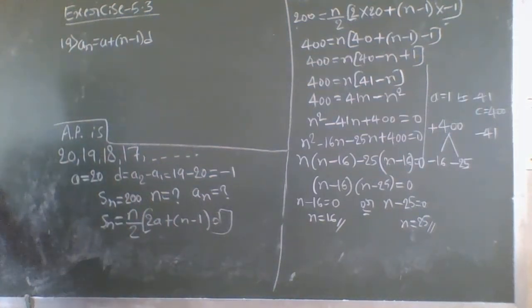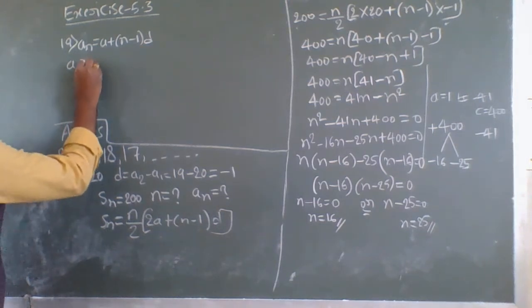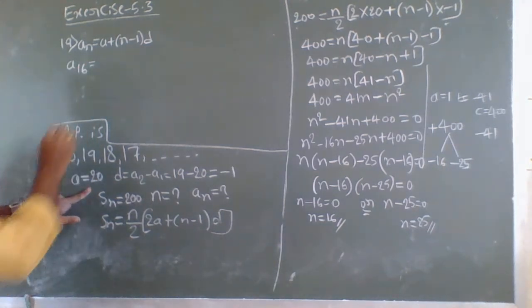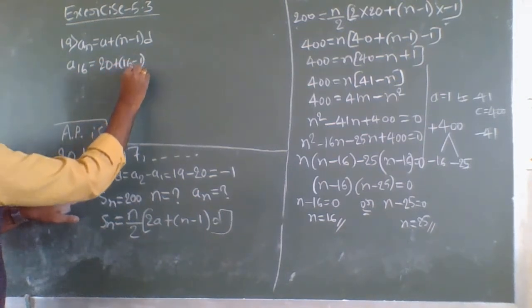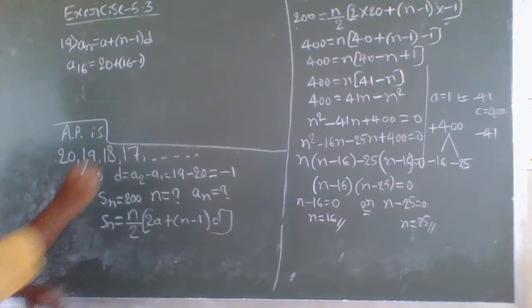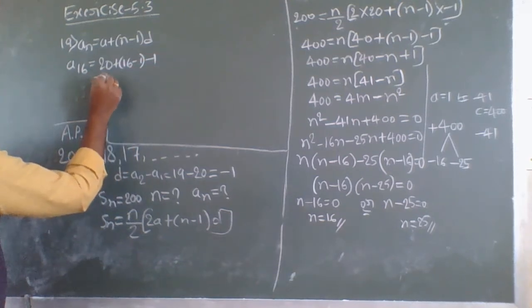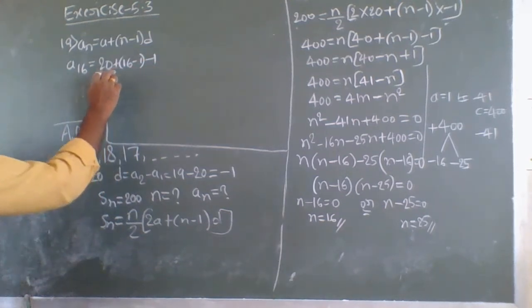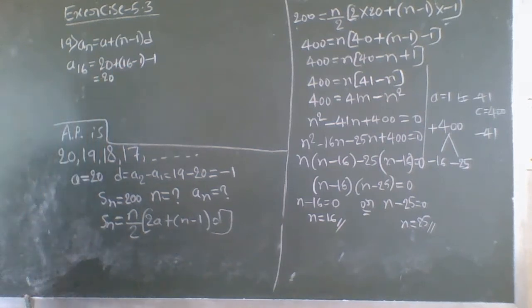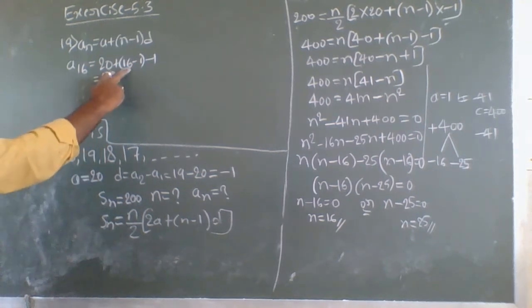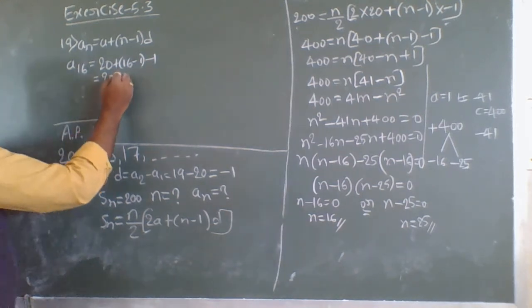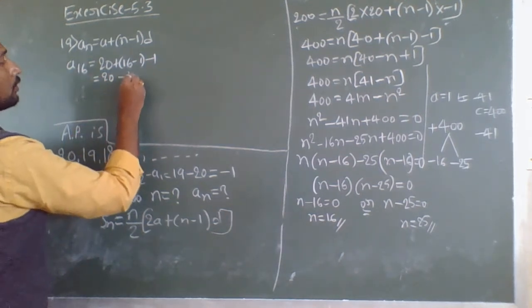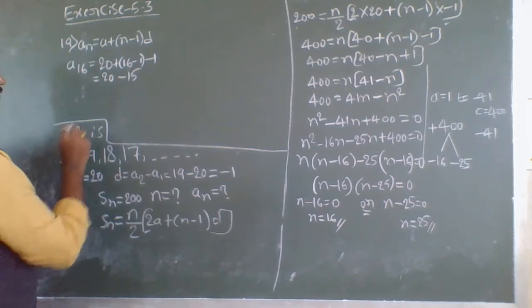So here, first I will consider the n value as 16. Therefore, a16 is equal to, what is the a value? 20 plus, n value is 16 here, 16 minus 1 into d value is minus 1. So 20 plus 16 minus 1 means, 16 minus 1 means 15. 15 into minus 1 means minus 15.